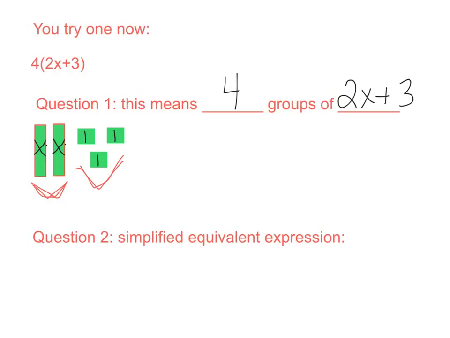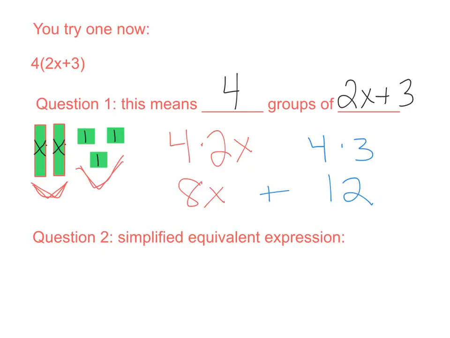Okay, so I know that I'm going to have 4 times 2x, right? So if I have 4 sets of 2x, that means I'm going to have 8 x's. And if I have 4 groups of those 3 extra blocks, that's 4 times 3, that means I'm going to have 12 extra blocks total, and I'm going to add those.